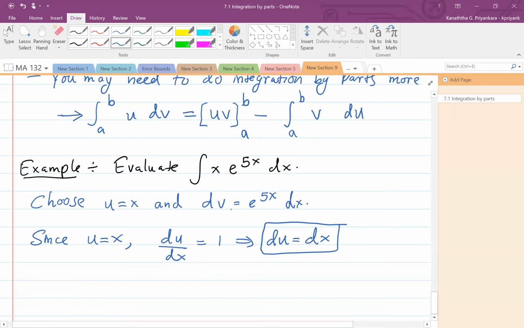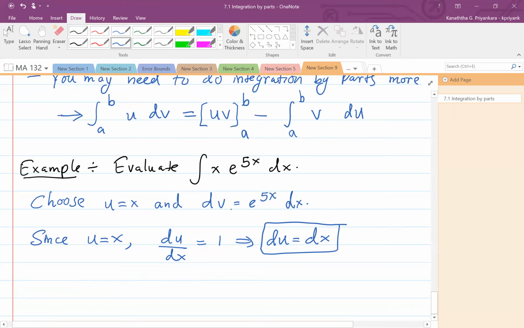Now we can simplify. On the left hand side we have x e to the power 5x dx equals x e to the power 5x over 5 minus, and remember 1 over 5 is a constant, so I can bring it outside, the integral of e to the power 5x dx. Now we need to compute the integral again.